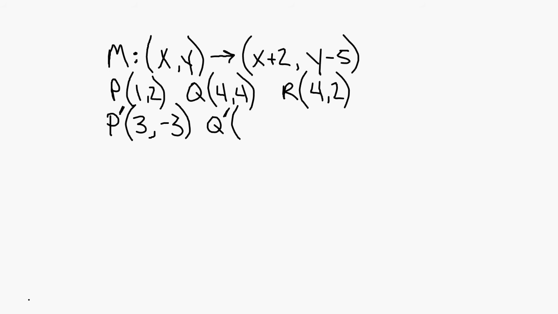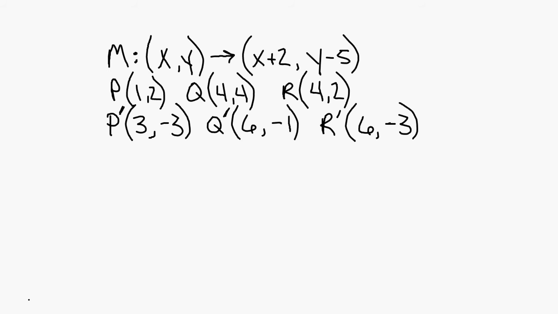It's a notation. 4 plus 2 is 6, and 4 minus 5 is negative 1. R prime will be located at 4 plus 2, which is 6, and 2 minus 5, negative 3.